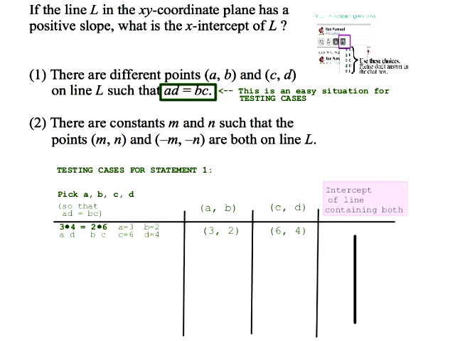So if these are coordinate axes, then the situation looks like this: that's 3, 2, and that's 6, 4, which is just twice as far out in exactly the same direction. So this is going to be a line that goes through the origin, because you're scaling it up times 2, basically.